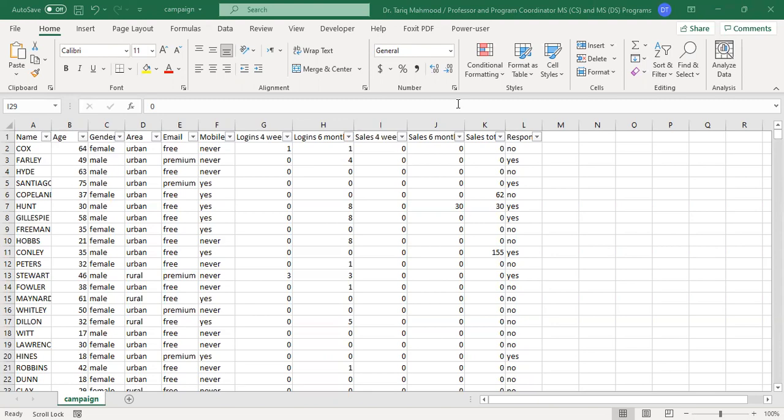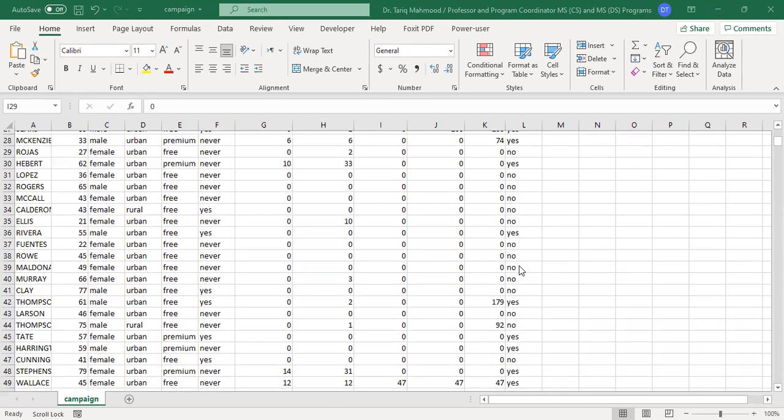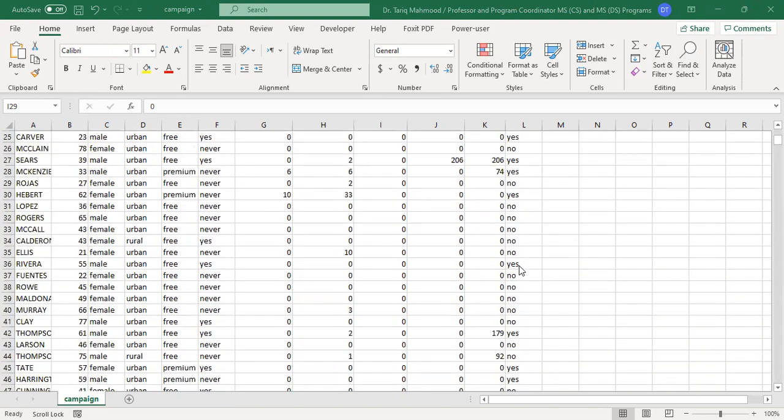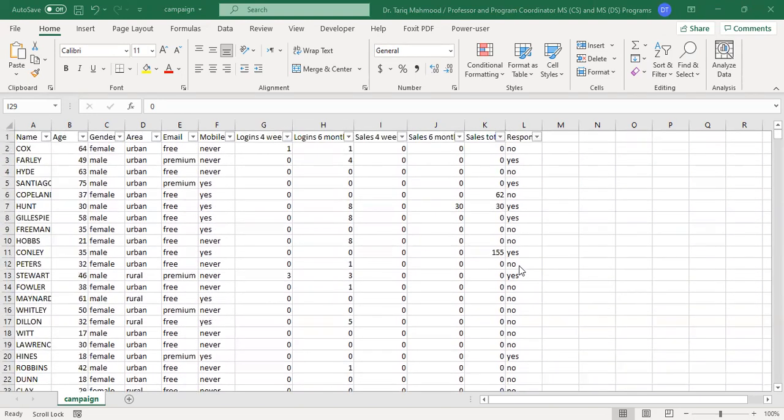So the problem is that I also calculate the total sales, and the total sales should be, I don't know, equal to probably the sales 6 months, because that should incorporate the sales in the last 4 weeks.